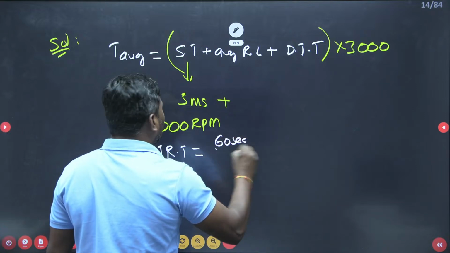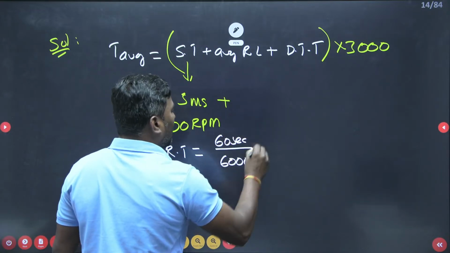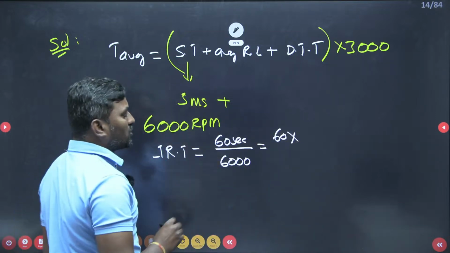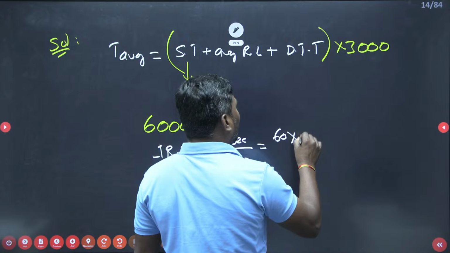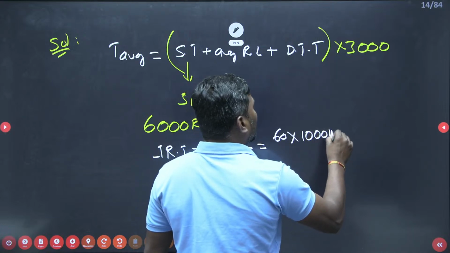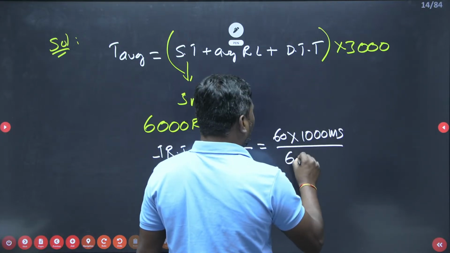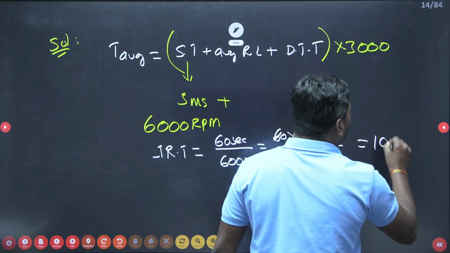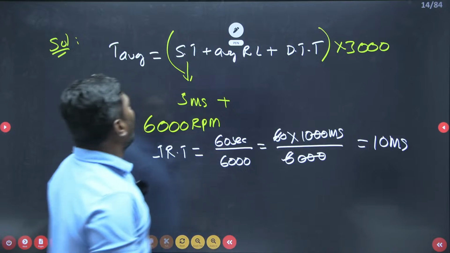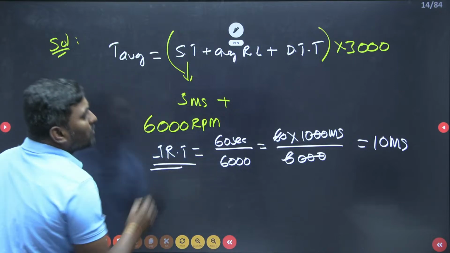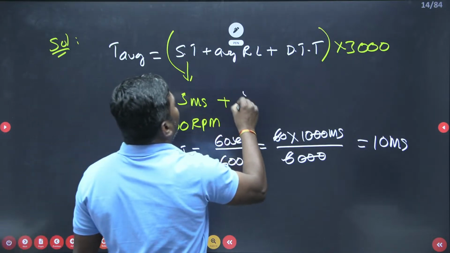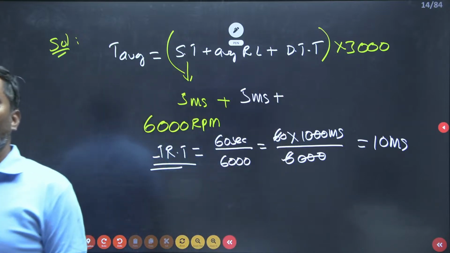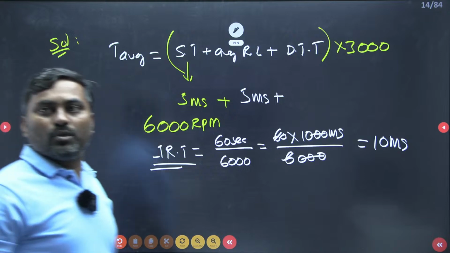I will express this in milliseconds: 60 into 1000 milliseconds divided by 6000. The zeros cancel, so we get 10 milliseconds. Now one rotation time is 10 milliseconds. Average means 5 milliseconds, or not? For the average we should take half a rotation.